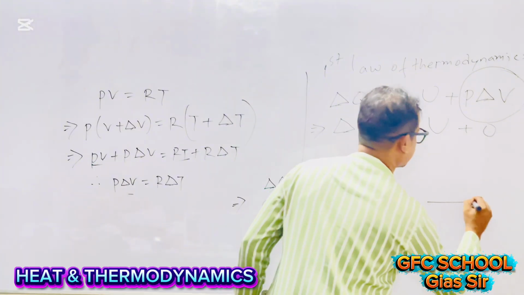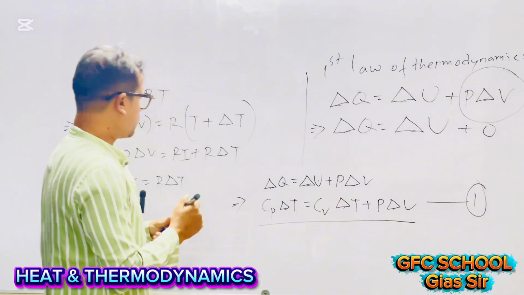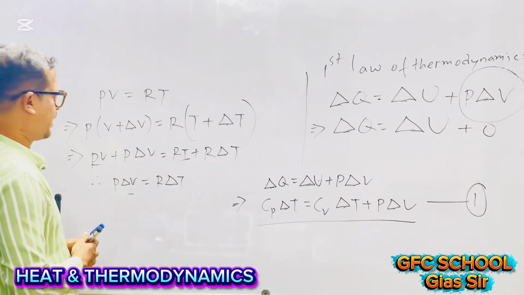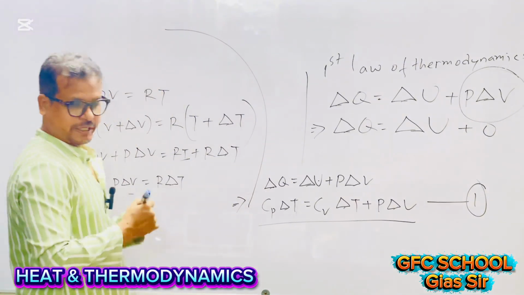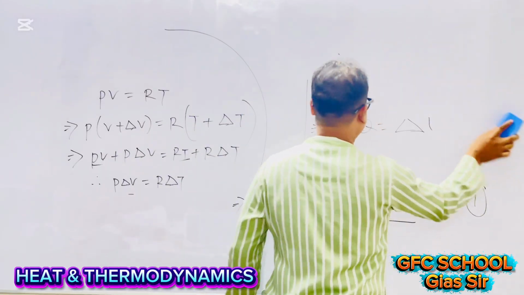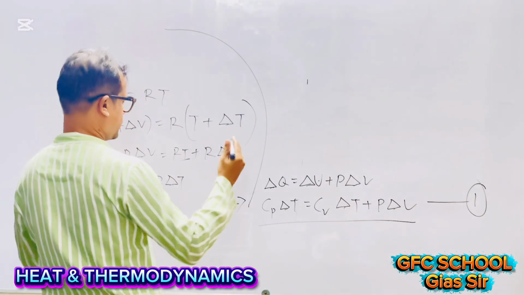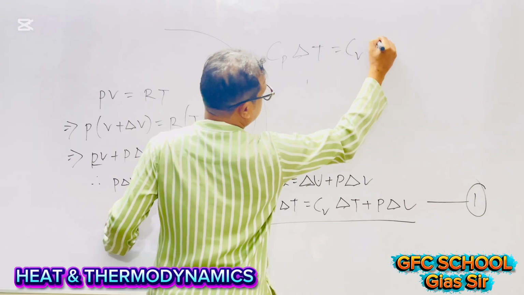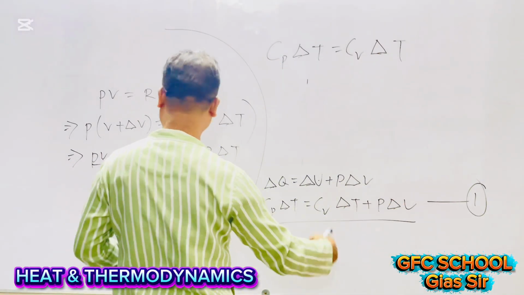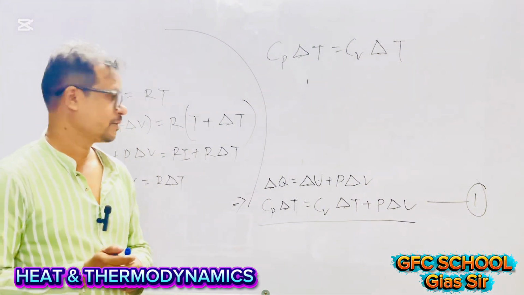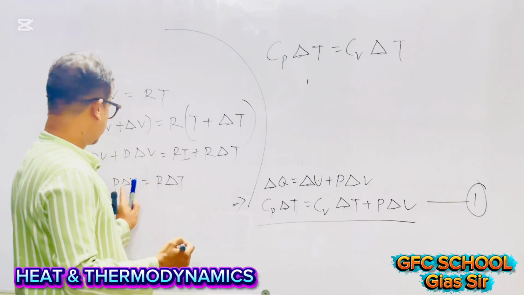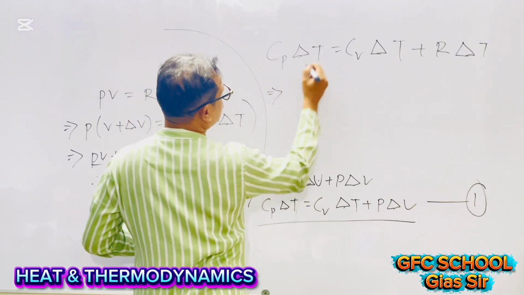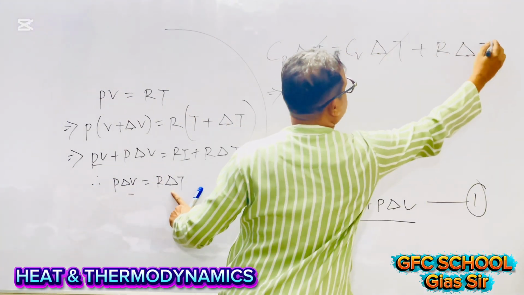This is equation 1. Now, if we put this relation in equation 1, then we get Cp del T equal to Cv del T plus P del V, and just now we got P del V equal to R del T. So Cp del T equal to Cv del T plus R del T. Since del T is common, you can cancel it out.